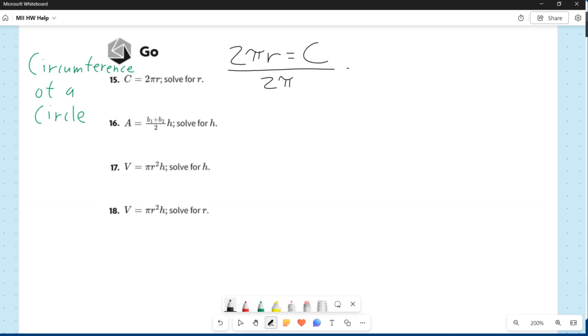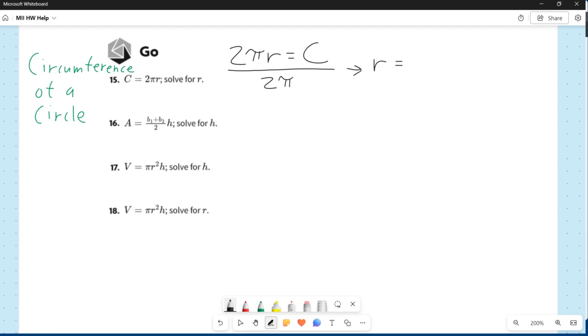On the left-hand side, both the 2 and the pi go away, and I'm left with r, which, by the way, is what we want. It says solve for r, so that's great. On the right-hand side, we have c divided by 2 pi. I can't do anything with that.